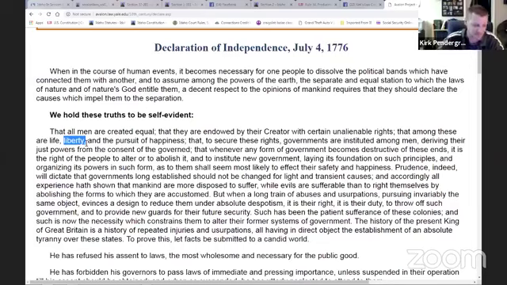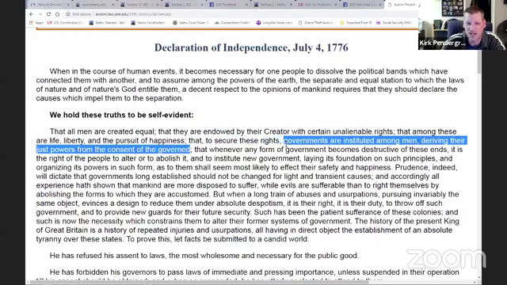Okay? "That to secure these rights, governments are instituted among men, deriving their just powers from the consent of the governed." That means we are self-governed. Our constitution dictates our rights, our actions, right?